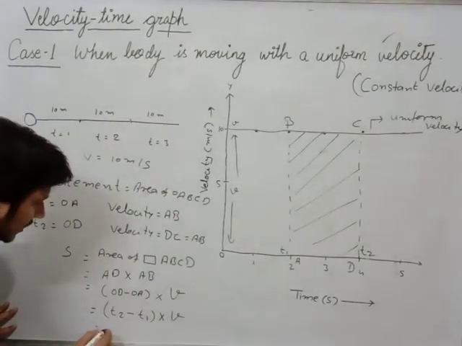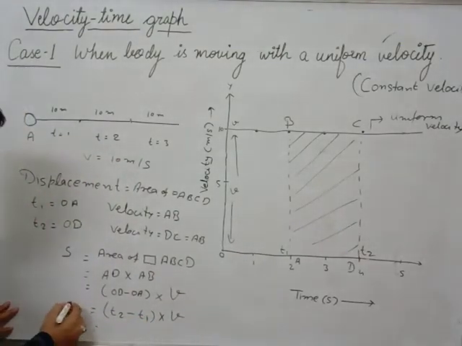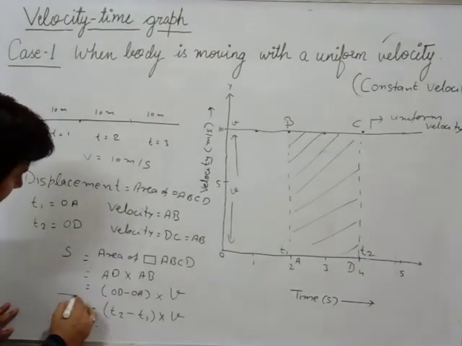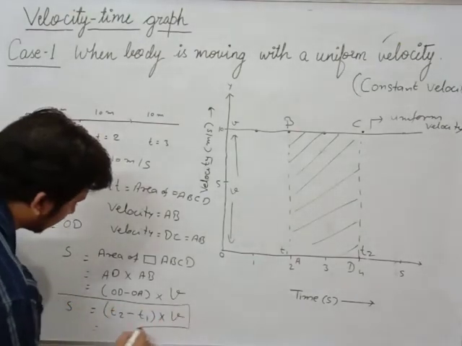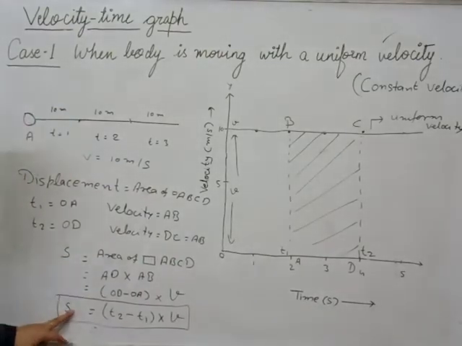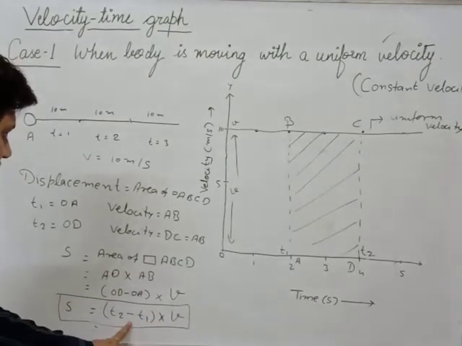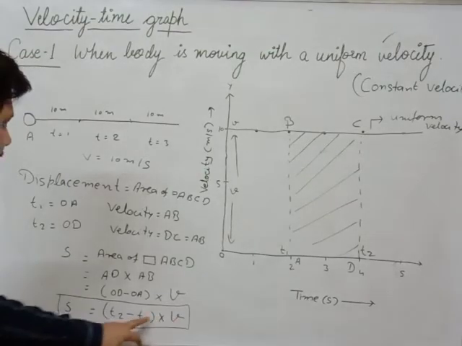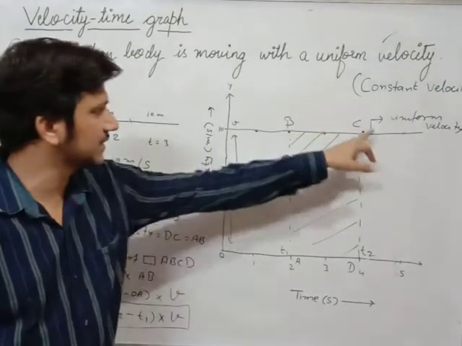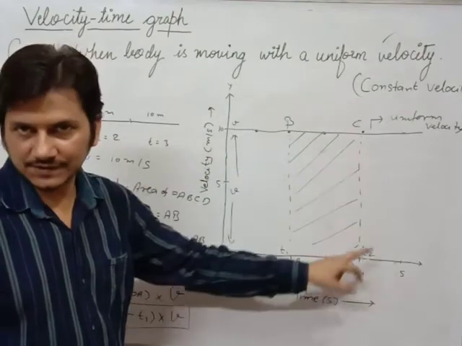Now we put in the values. In this way we will get the displacement. You know that displacement equals velocity into time, and velocity into time is the area of this rectangle ABCD.